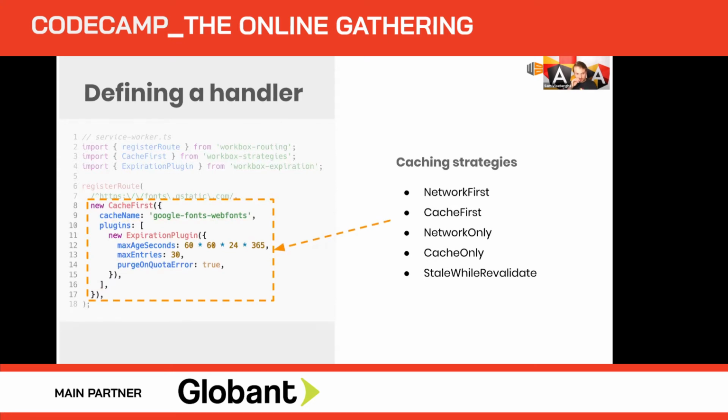The network first strategy will first try to visit the network for that request. And if it's not available, then it tries to look in the cache for a corresponding response. The cache first strategy will first try to hit the cache. And if it's not available, it will try to visit the network for a new response. Network only will only accept responses from the network, so it will completely ignore the cache.